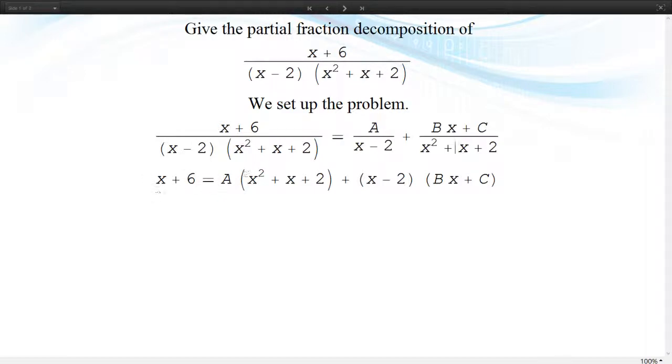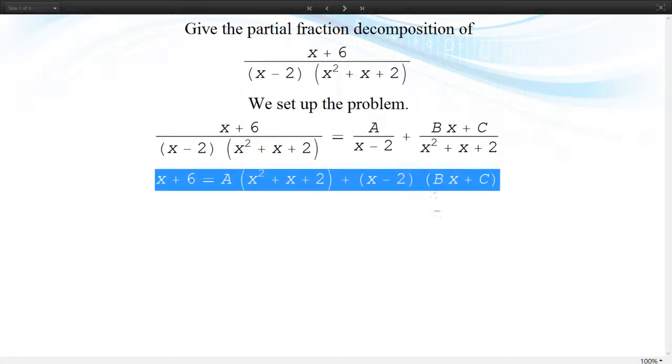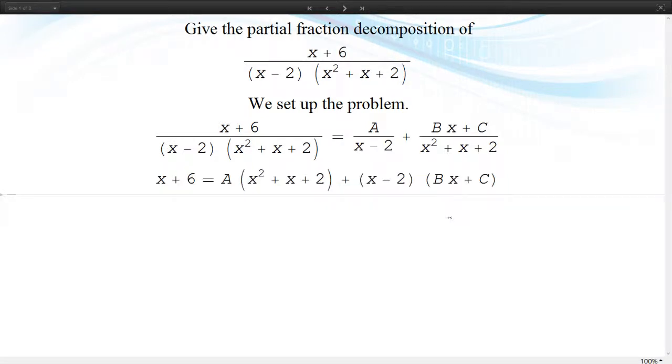So, going from there, we multiply by the denominator, and we end up with, this is our expression, 6 plus x equals a times x squared plus x plus 2, plus x minus 2 times bx plus c. This is solution 4.2?